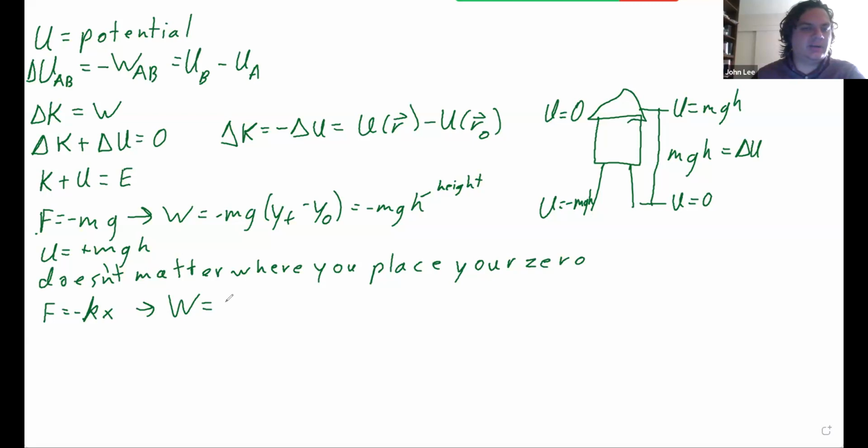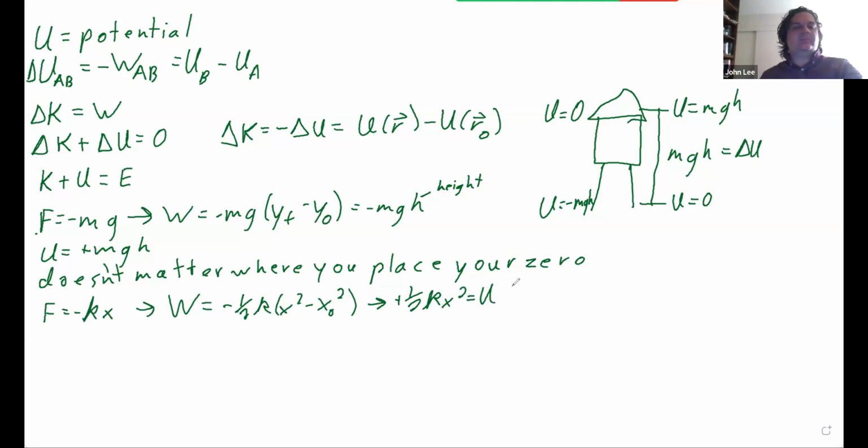So if F equals negative kx, then work is equal to negative 1/2 k times x squared minus x initial squared, which if we choose x initial squared to be our 0 point, goes to negative 1/2 k x squared, or positive 1/2 k x squared equals U.